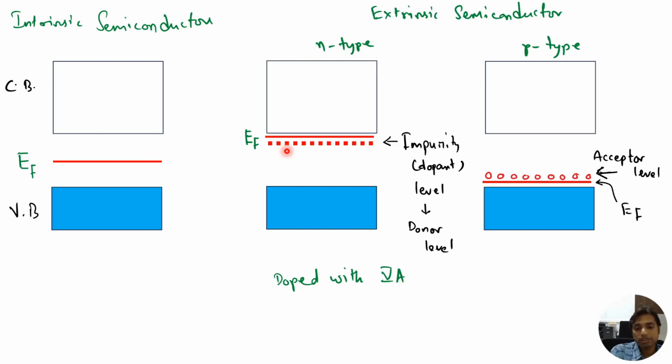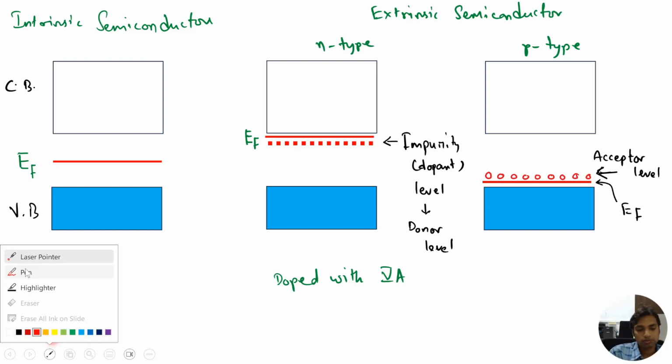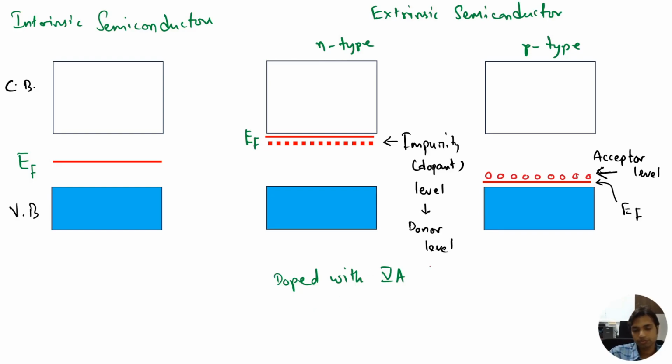So the point to remember is that n-type dopants are group 5 elements. Group 5 means it will have one extra electron, 4 plus 1.